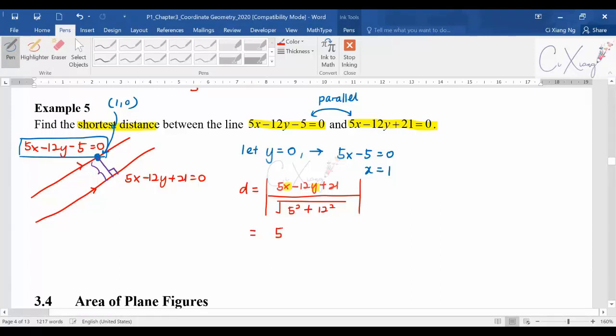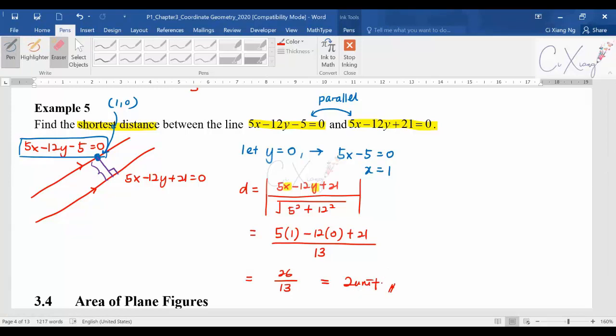So you substitute 5, and the x you found just now is 1, right? Minus 12, y is 0, plus 21, and then divided by the square root of 5 square plus 12 square, you should get 13. Okay, so if you continue further, 5 plus 21, you get 26, and then divided by 13. Therefore, the distance between the two lines is equal to 2, so 2 units.